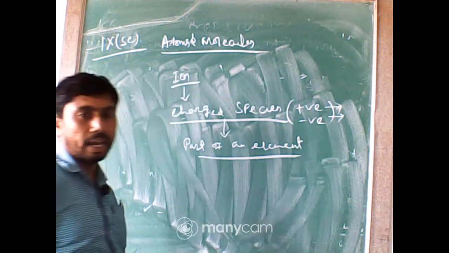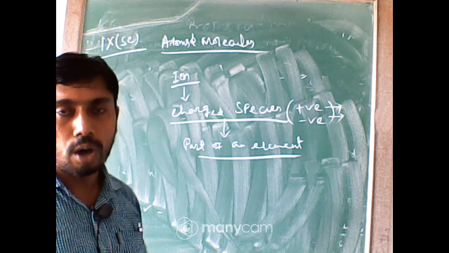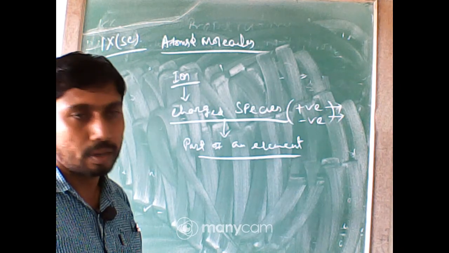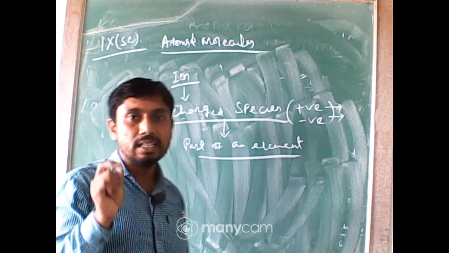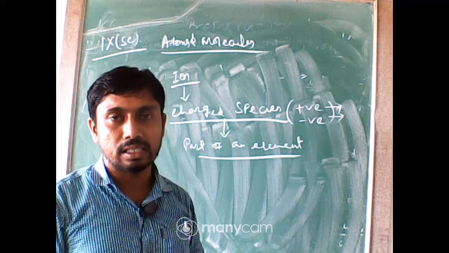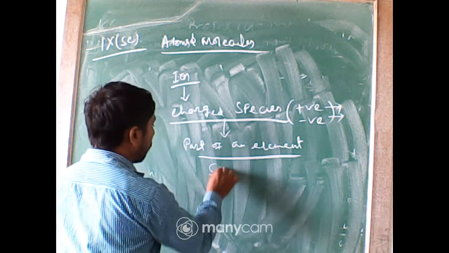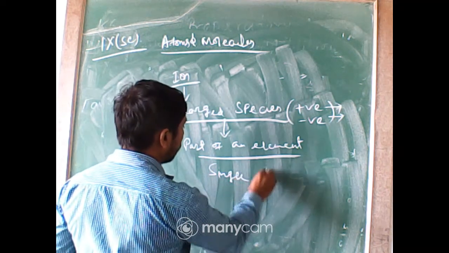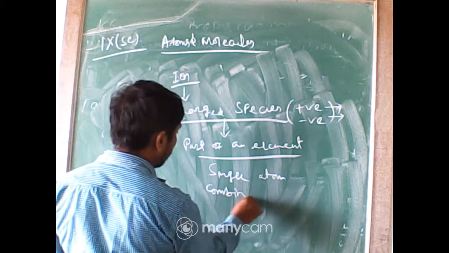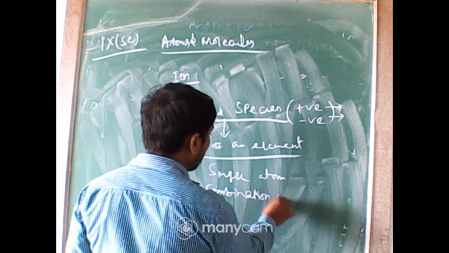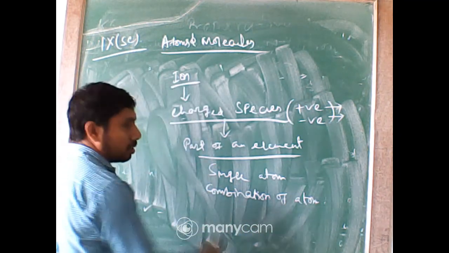Now, when an element, that is a single atom or a combination of atoms, carries any type of charge, then it is called an ion.